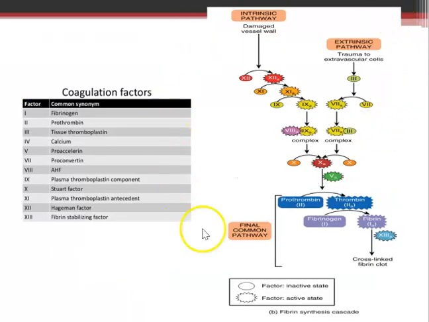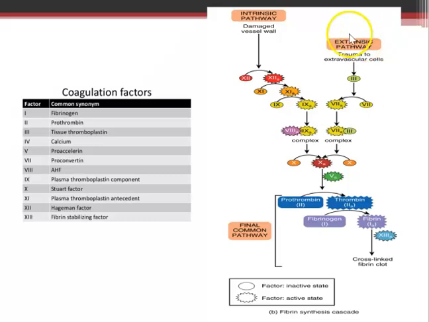So here's our first look at the whole coagulation cascade flow chart. Here's our intrinsic pathway on this side, extrinsic pathway on this side, and then we also have a common pathway where they come together down at the bottom. Also, just to remind us, here are our coagulation factors. Remember, they're numbered in order of discovery, not activation in the cascade. We will be discussing the intrinsic pathway, extrinsic pathway, and common pathway separately.